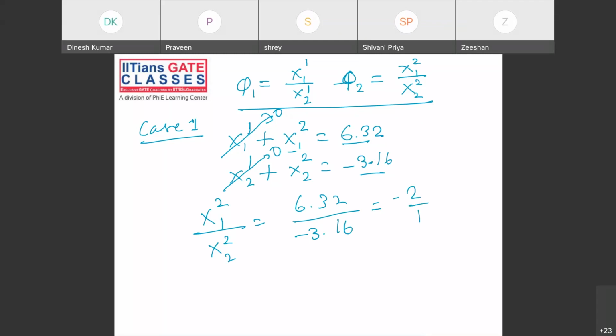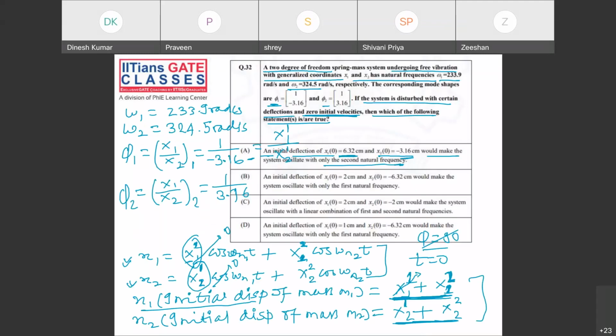Minus 2 by 1. But if you see the problem, what should this ratio be? It should be 1 upon 3.16. Is this clear, guys? So A cannot be correct. My second mode should be 1 upon 3.16.